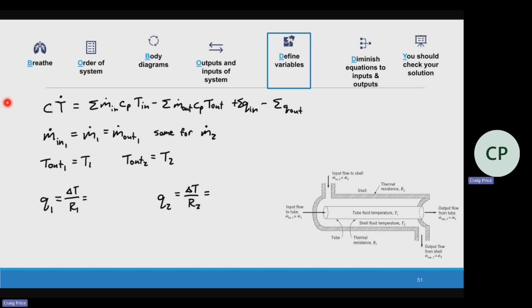What should Q1 equal? T1 minus T2, very good. Because those are the temperatures, it's flowing from high temperature T1 to low temperature T2.